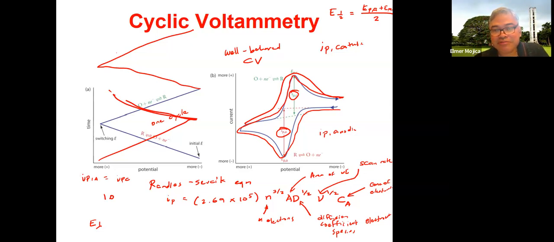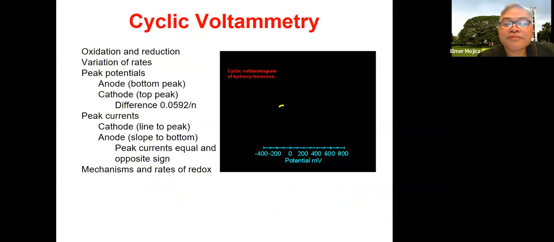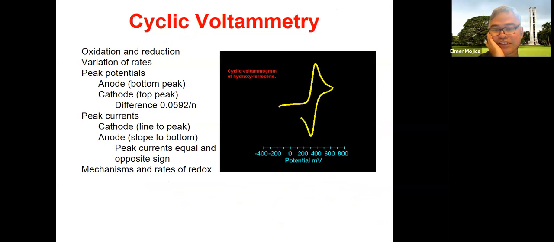And this is the main advantage of CV, the distinct advantage of cyclic voltammetry over other voltammetric analyzers. Now, if you look at how it looks like, this is the cyclic voltammogram of hydroxyperoxine.